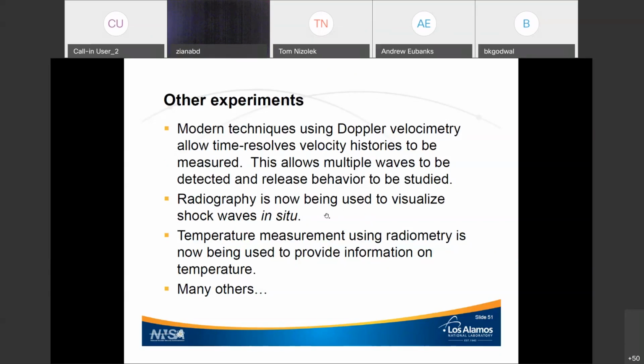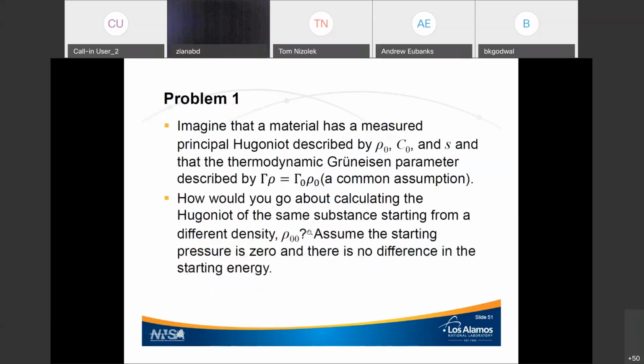And that's something called neutron resonance pyrometry, where you dope a material with something that is going to have a resonance, and you can look and see how those resonant lines broaden due to thermal motions and calculate a temperature that way. And there are many other types of experiments. I don't have time to go into all these. I'm already well over the hour and a half that I nominally have.